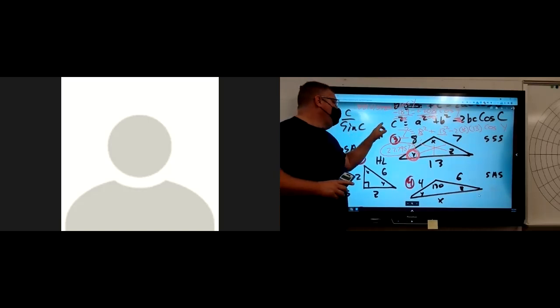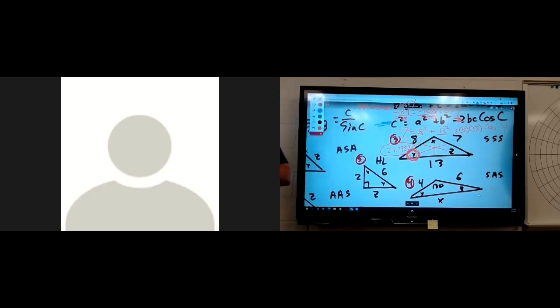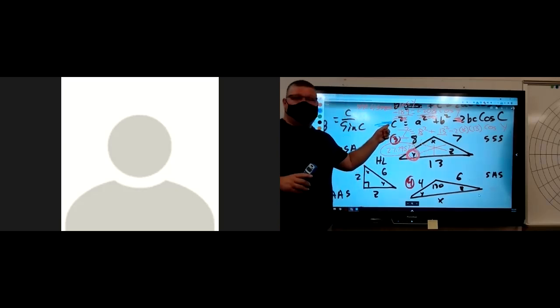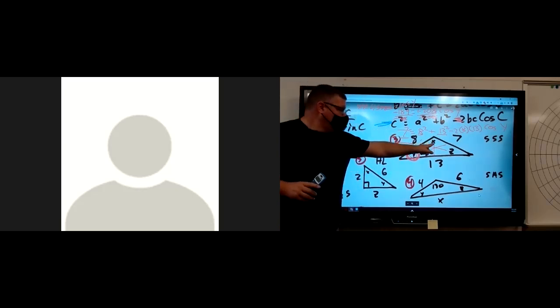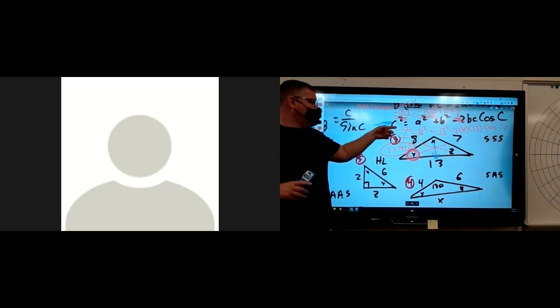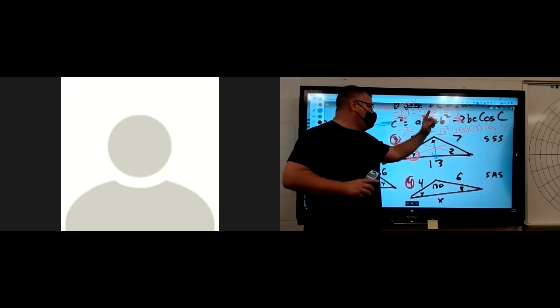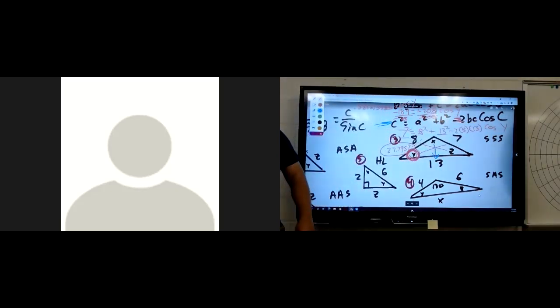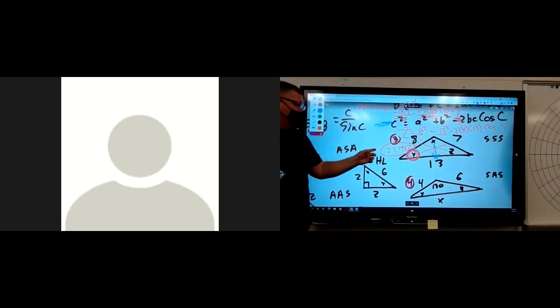Could I totally do this law of cosines again? But this time, if I want x, what goes over here? 13. 13 squared equals 8 squared plus 7 squared minus 2 times 7 times 8 times cosine of x. Could I do that? That's the best way because I didn't use my answer here, did I?